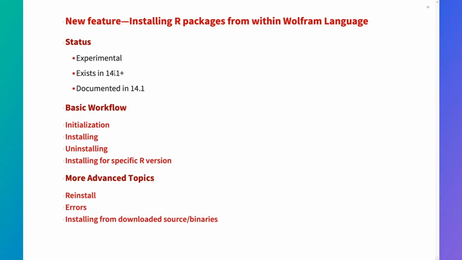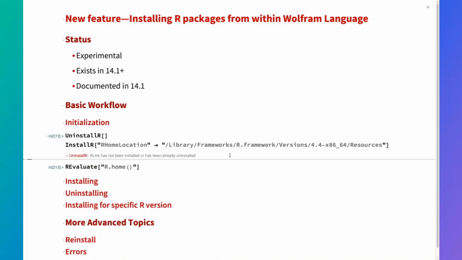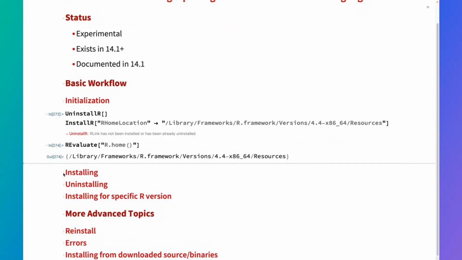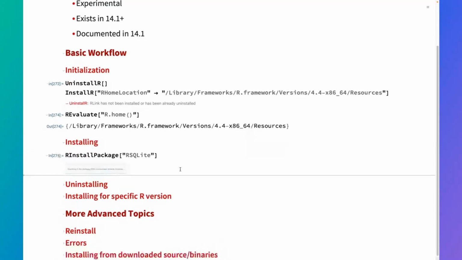It's still experimental. Let me show you the basic workflow for this. So let's say I'm returning back to this installation of R that I'm mostly using for these examples, which lives here. Now, let's say we want to install the RSQLite package, which I was already showing before.